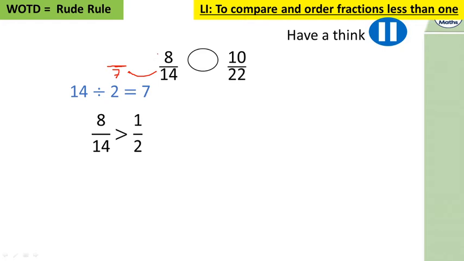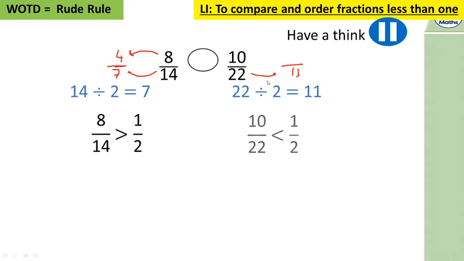Divide that by 2, we're going to get 4. 4/7 is a bit bigger than a half. 22 divided by 2 is 11. 10 divided by 2 is going to be 5/11. So that is slightly smaller than a half. So 8/14 is bigger than 10/22.